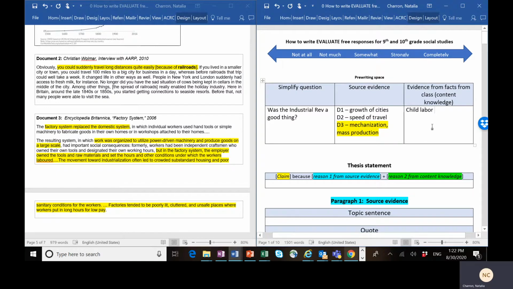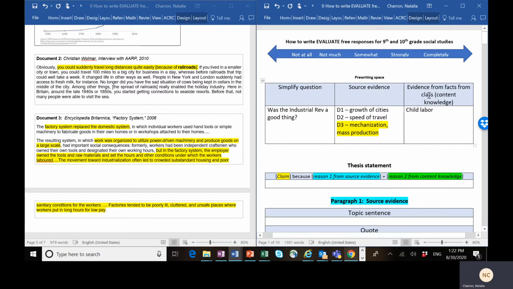So from evidence from facts from class, maybe I'm going to write about that because that sticks out in my memory. Note that the part in document 3 that talks about bad things about the working class life doesn't talk about child labor, which is good because I want to talk about child labor.